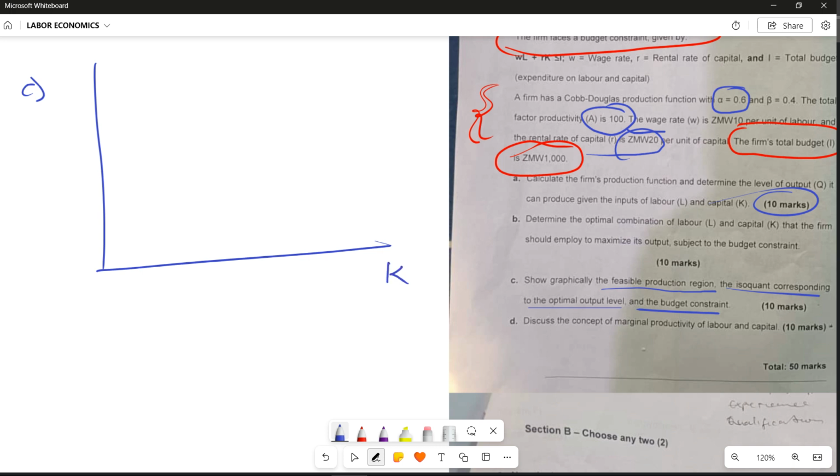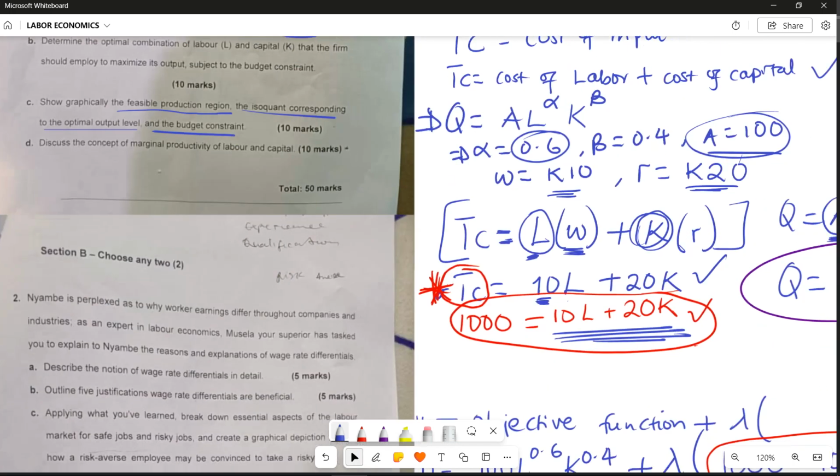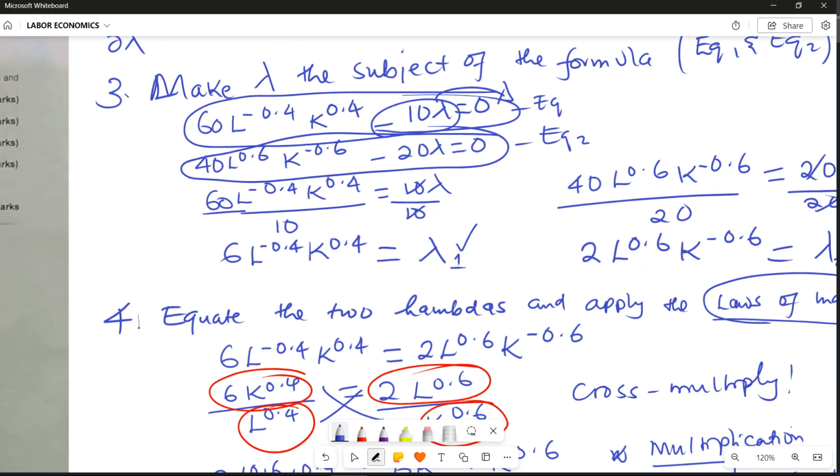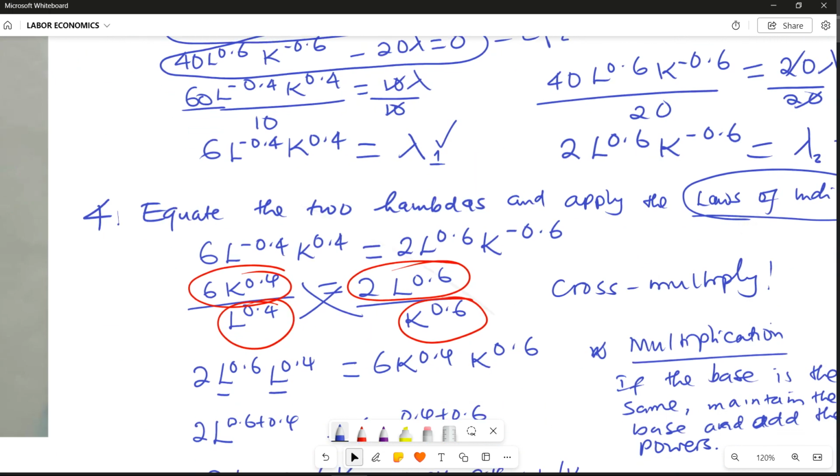So here we are going to put capital, here we are going to put labor. What we know is that this is what we call the budget line, or the budget constraint, sorry. So we're just going to put a line there like that. And then we know that according to our calculations, I've forgotten the figures, labor 60 and capital 20.